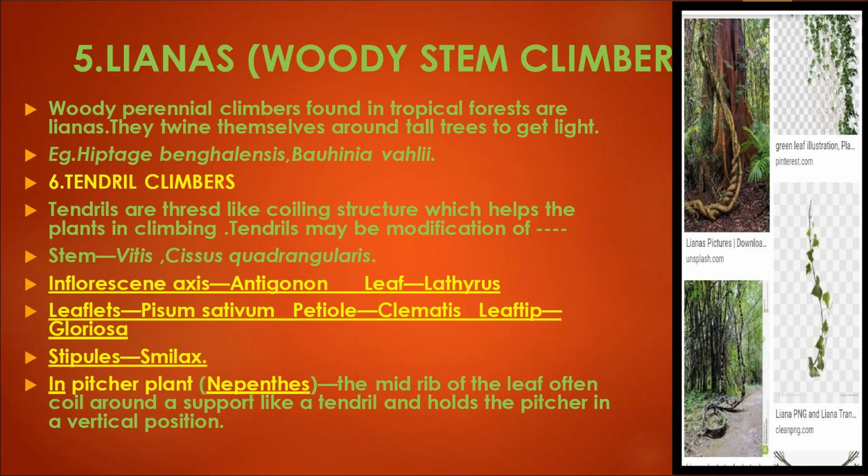Stipules are modified as tendrils in Smilax. In pitcher plant, that is Nepenthes, the midrib of the leaf often coils around a support like a tendril and holds the pitcher in the vertical position.